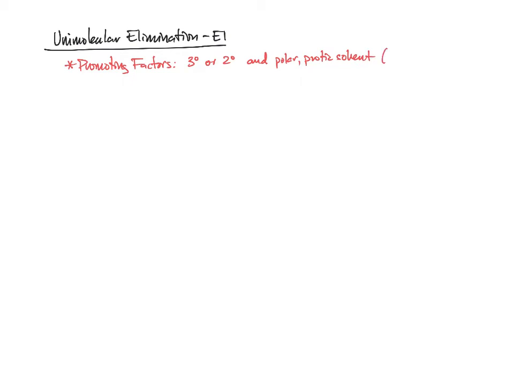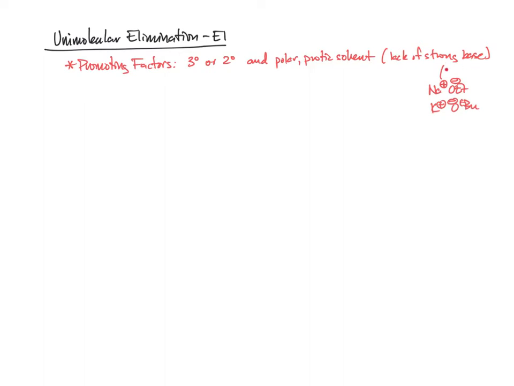So again, as comparison to E2, this is lack of a strong base. And we're defining a strong base in this sense as something like sodium ethoxide, our metal cation and negatively charged base, or a bulky base, potassium tert-butoxide.